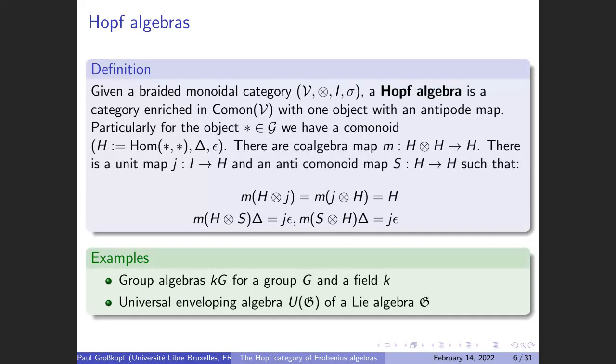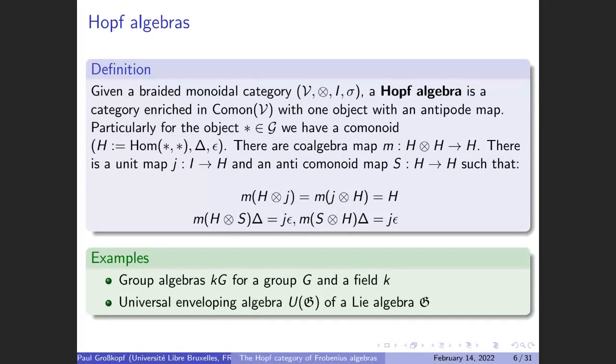So a Hopf algebra we consider to be a category enriched in comonoids over some braided category, and particularly we have an antipode satisfying the antipode condition. So specifically, in the case of having a Hopf algebra, we only consider one object.